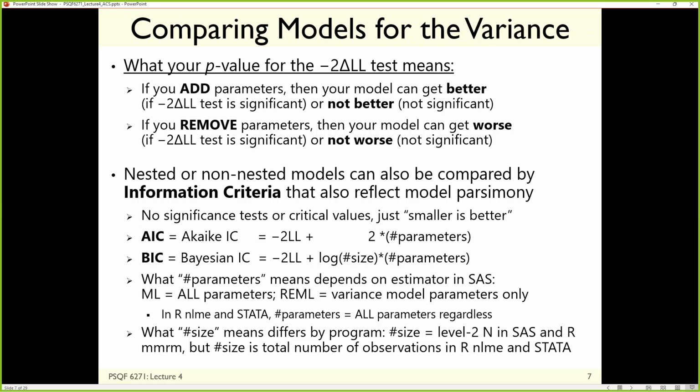And that, the latter kind, I'd say, is not as common, but you do see it a lot in certain contexts. So structural equation modeling, the test of whether your factor structure adequately represents the patterns of relation in your data, that's a is it not worse comparison. Likewise, if you do measurement equivalence testing in a structural equation modeling framework, you start with a model where all the terms get to be different across groups and you gradually make them the same.